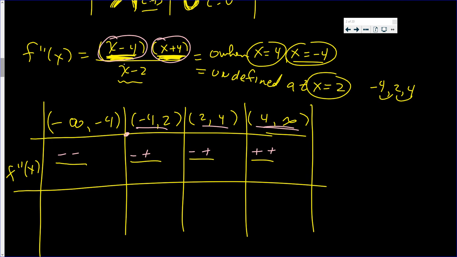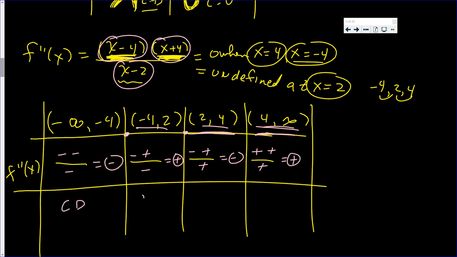Okay, and now the denominator is positive only when you're bigger than 2. That happens only in the right 2 intervals. The other 2 are negative. So we have negative, positive, negative, and positive. So we have concave down, concave up, because positive is concave up, negative is concave down, positive is concave up. The table tells you everything.